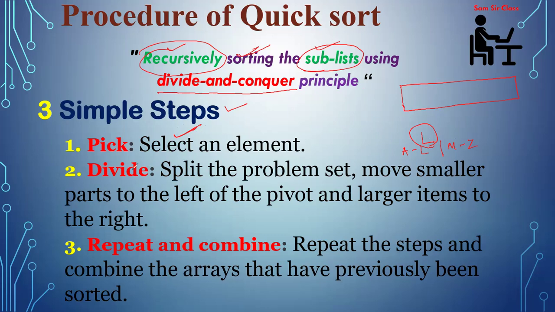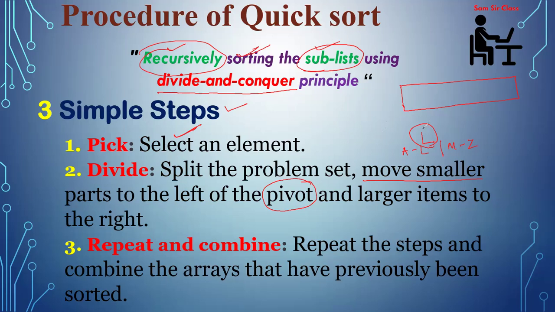Okay, then what are you doing? You are dividing. What are you dividing? You are splitting the problem, and then you are moving the smaller items to the left and the larger items to the right. And here you are using a keyword known as pivot. Okay. So what do we mean by pivot and how do you use the pivot element? That we'll see through the example.